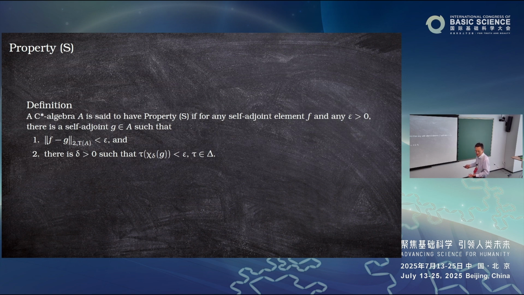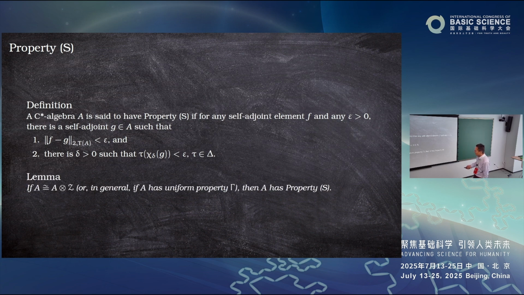So you really have this property in terms of C-star algebras, no matter whether the C-star algebra is commutative or not, and more important, you have this property whenever the C-star algebra is Z-stable. This is very encouraging.